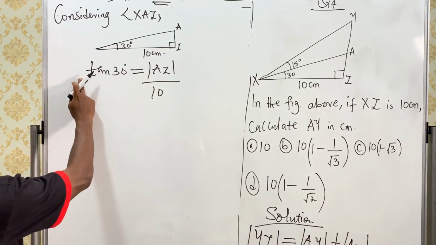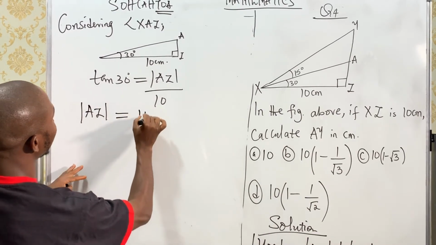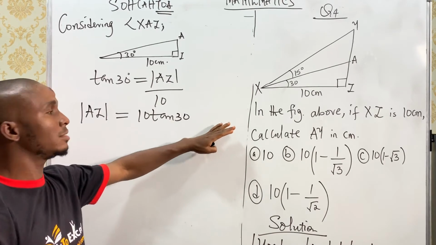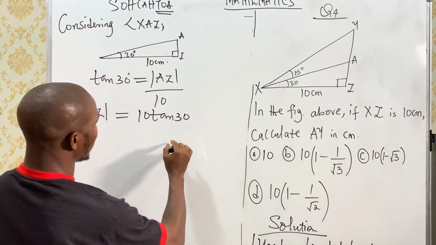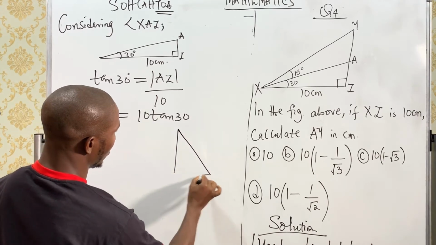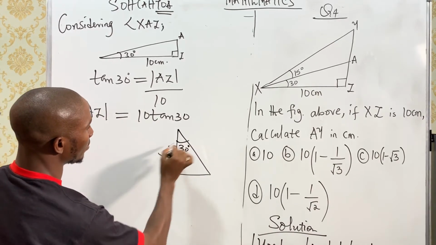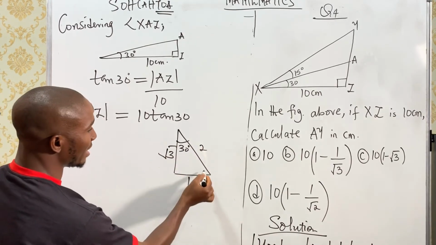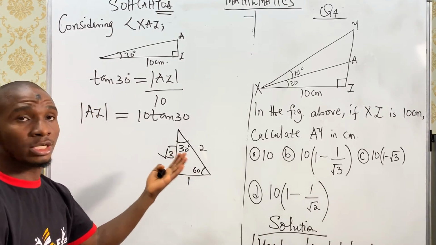If you cross multiply now, our AZ will now be 10 tan 30. And for tan 30, using the special triangle form, this is root 3, this is 2, and this is 1. From here, remember this is angle 60, and this is the right angle from the trick we've treated before.